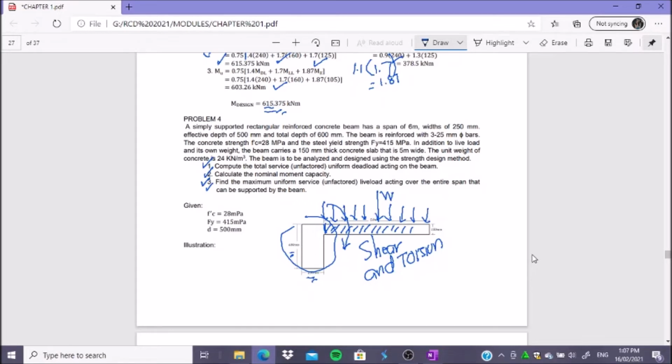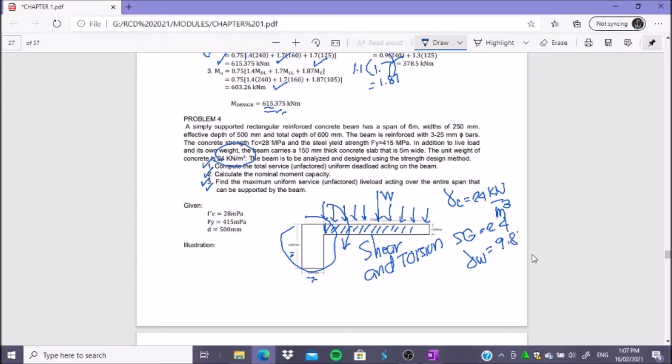Now, yung 24 kilonewton per cubic meter, galing lang yan sana. That is actually yung unit weight ng concrete, which is equal to 2.4 times 9.81, so specific gravity is 2.4, then unit weight ng water is 9.81.